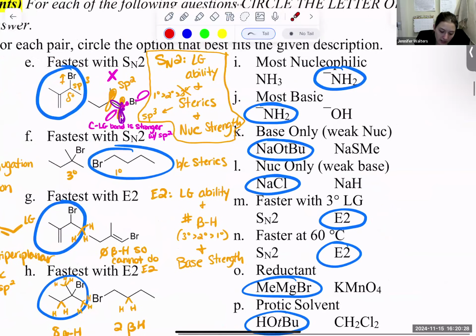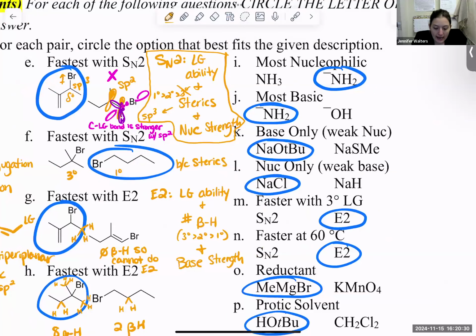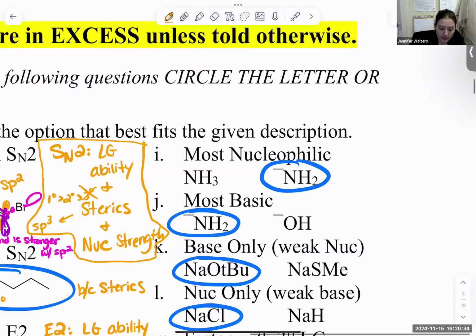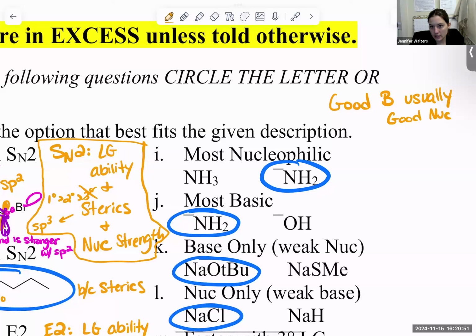So then the right-hand side of this, looking at most nucleophilic, remember that our nucleophile and base trends generally align, that our good bases are usually good nucleophiles. Our deviations are when you're looking at sterics.